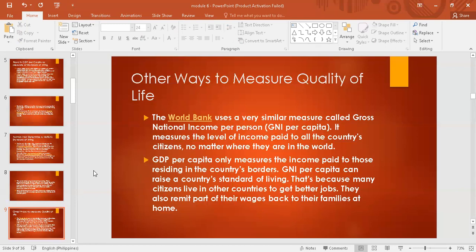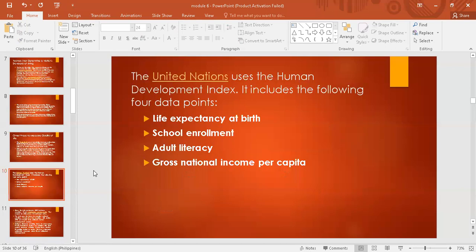Okay? So that's also how they measure quality of life. Kaya pag the more na maraming pinapadala sa inyo ang inyong mga kamag-anak, it measures the quality of life, no? Nakikita kung saan napupunta yung mga pinaghihirapan ng mga kamag-anak natin sa abroad.